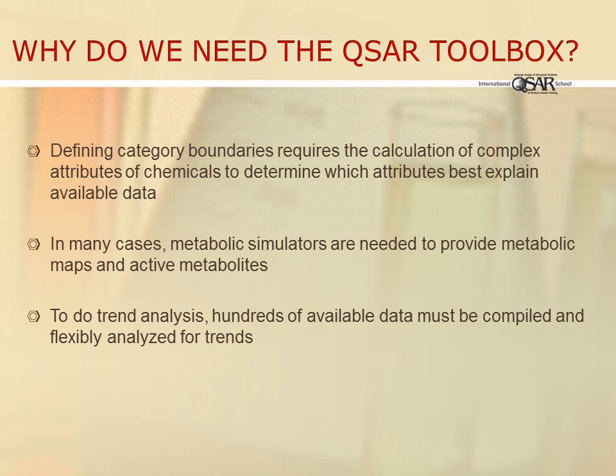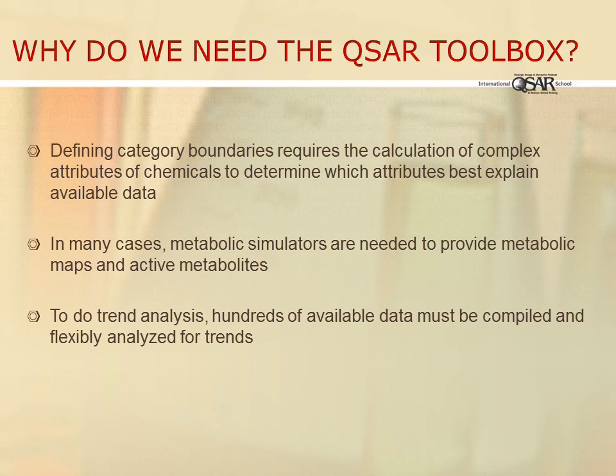Again, let me recap why we would want to have something automated in the form of a toolbox rather than to try to do this by brute force or piecemeal. Defining category boundaries, that is, when is a chemical really part of one category and not part of another one?